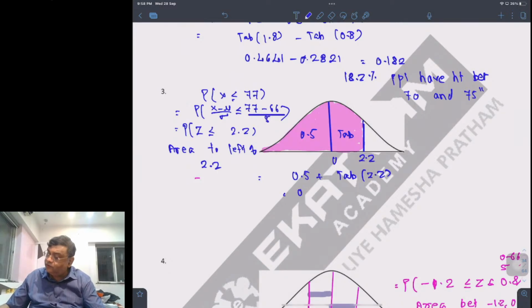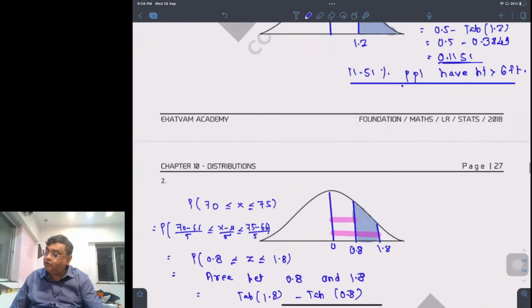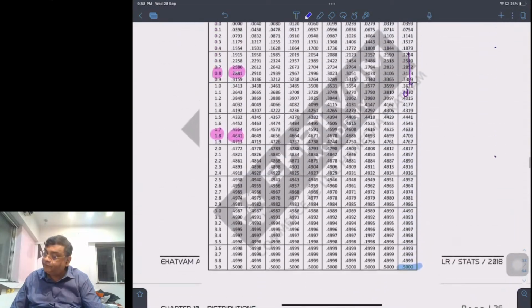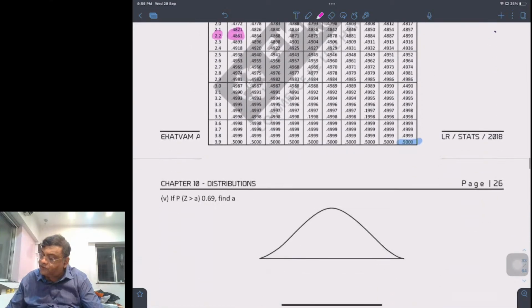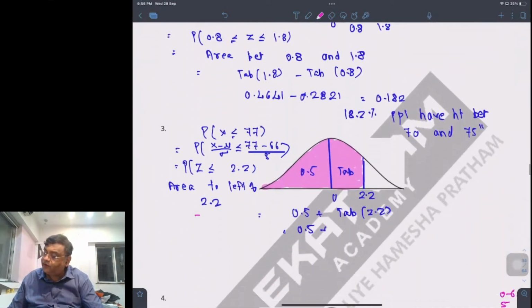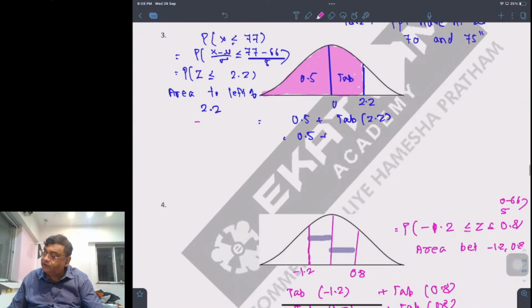Now this is equal to 0.5 plus. अभी 2.2 की टेबल वैल्यू कितनी है? तो 2.2 की टेबल वैल्यू के लिए अब तुम मेरे तरफ देखेंगे तो 2.2 के लिए वैल्यू is 0.4861. Therefore this will be 0.9861.